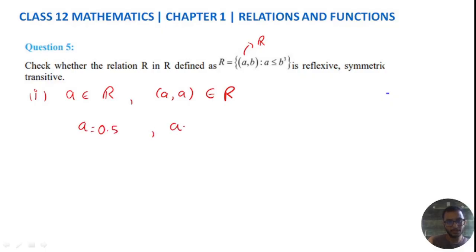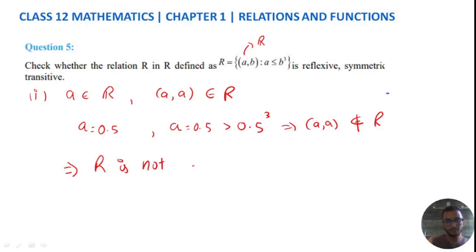Then 0.5 is greater than 0.5 cube, because 0.5 is less than 1. So (a, a) does not belong to R. This implies that R is not reflexive. Now let's show that it is not symmetric, and also not transitive.